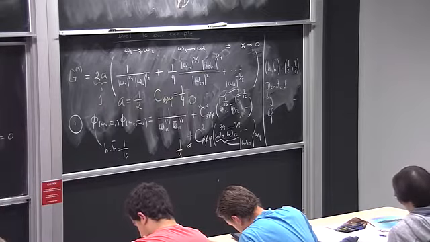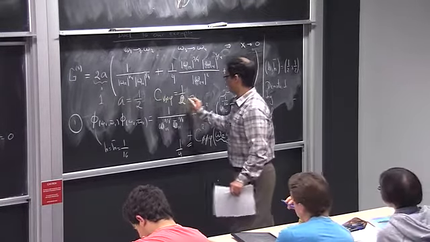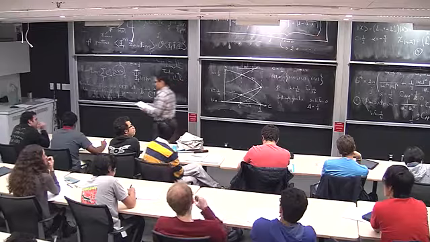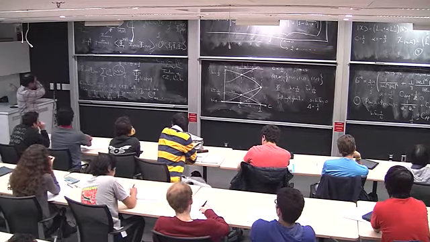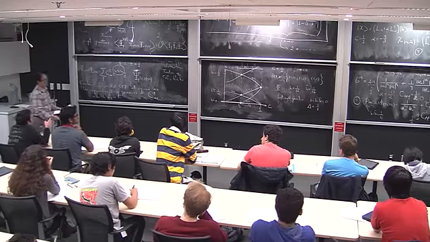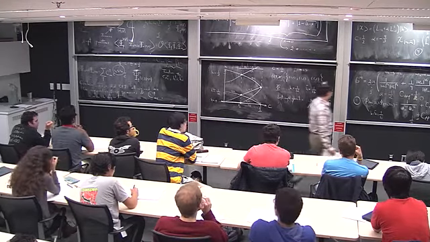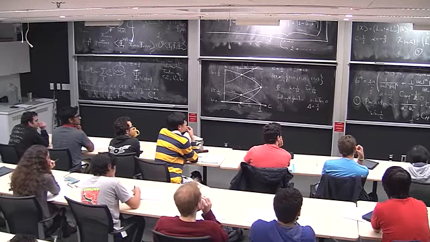Sorry, how can it be a quarter? It's a half. All right. Can you explain again why it's 1/2? Because here you have Z and Z bar. Let's see.